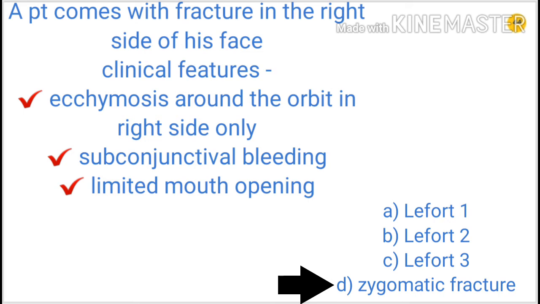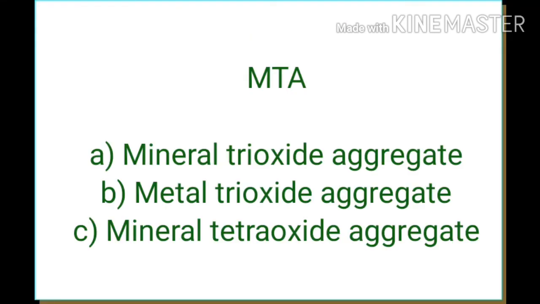The answer is zygomatic fracture. The detailed explanation of all the types of the facial fractures I have explained with the pictorial representations and the clinical features in my previous slide, the link of which I will be displaying in my description box.